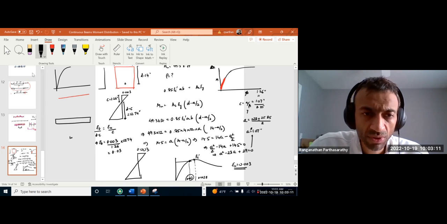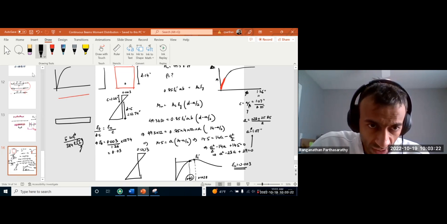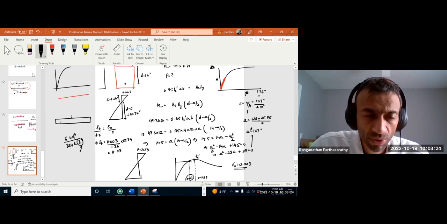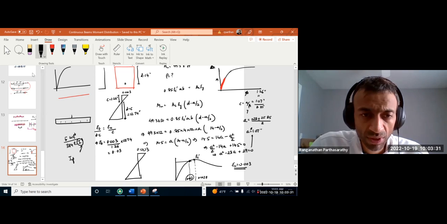Take simply supported deflection, 5wL^4 by 384EI, right? For this I, the more you load, the more it cracks, and some part is cracked and some part is uncracked. So the effective moment of inertia is continuously changing.